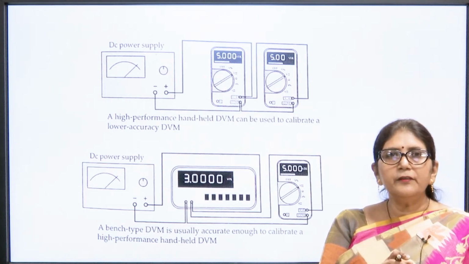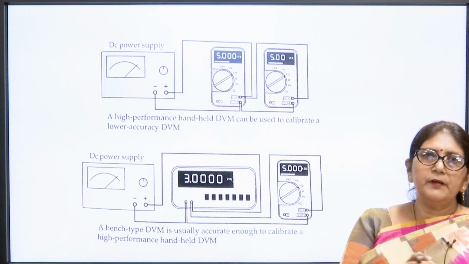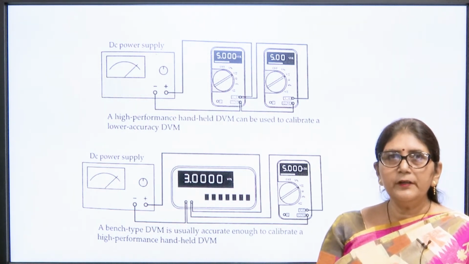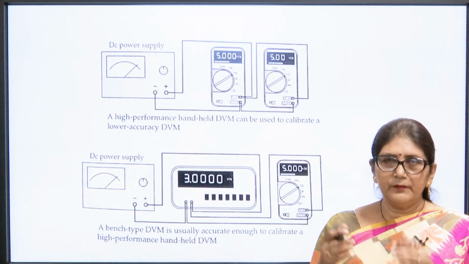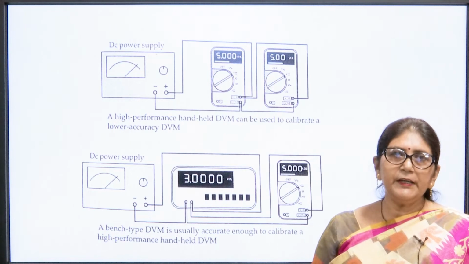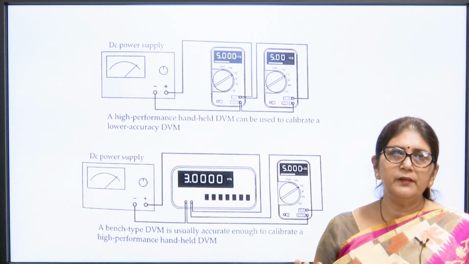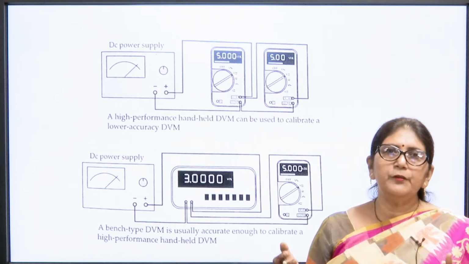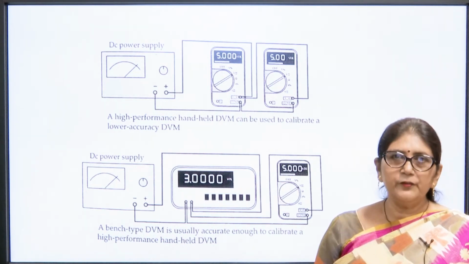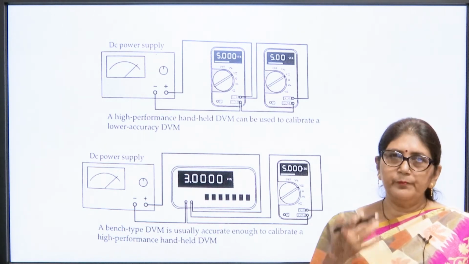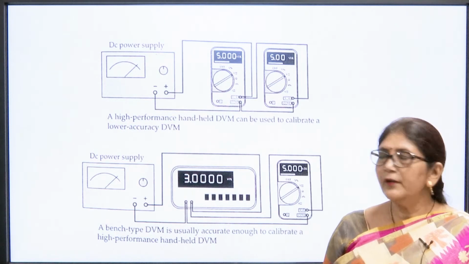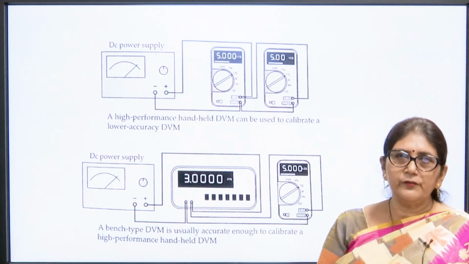So, if we have a high performance handheld digital voltmeter, we can calibrate a low accuracy digital voltmeter with it. Bench type instruments are considered more accurate than handheld instruments, so we can use a bench type instrument to calibrate our handheld instrument. This type of calibration is also done.